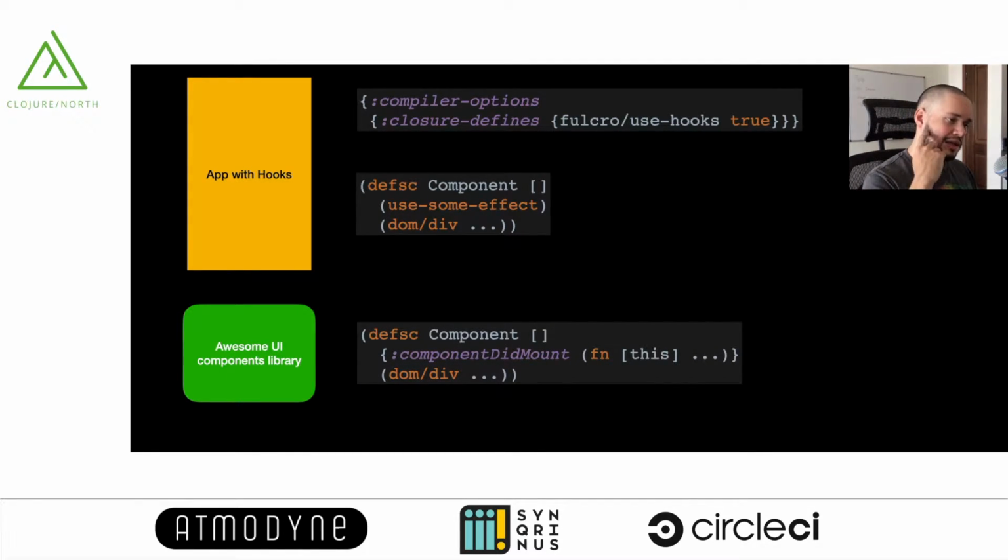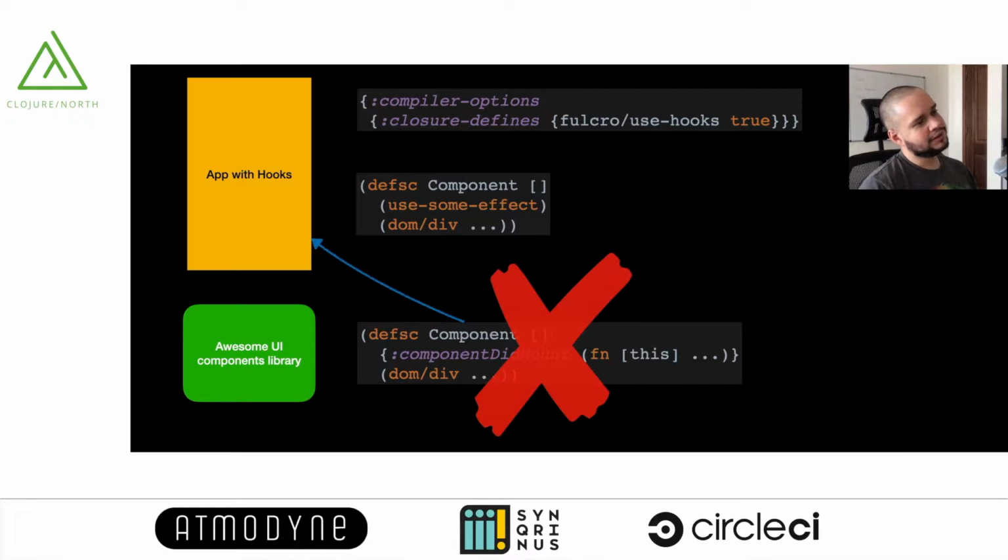But imagine that this library was created without even knowing about that configuration that Fulcro has. So it was assuming that defsc would just create a class. But when we try to integrate that, it's all broken because it would generate a function. Functions don't work with lifecycle methods.